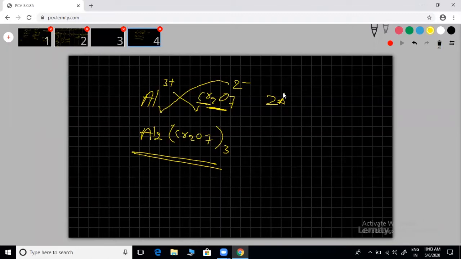Zinc nitride. Zinc nitride. Next. Copper sulfite. I'm writing very clearly. See, copper 2. 2 means oxidation state is 2. Copper 2 sulfite.